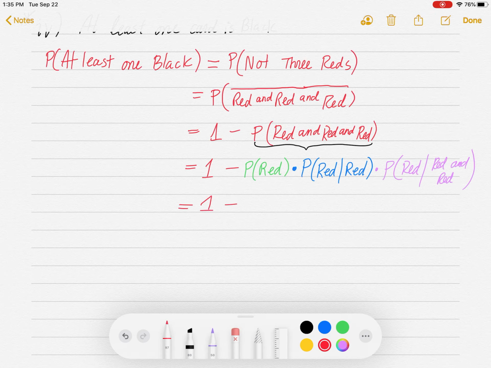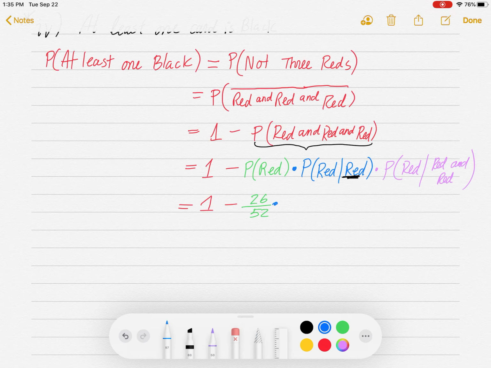All right, so that's going to be what? 1 minus, what's the probability of getting red on a single draw? Single draw, let's say the first draw. Well, you got 26 reds out of 52 cards. All right, we're going to multiply that by, what's the probability of getting red on the second draw, given that you already got red on the first draw?